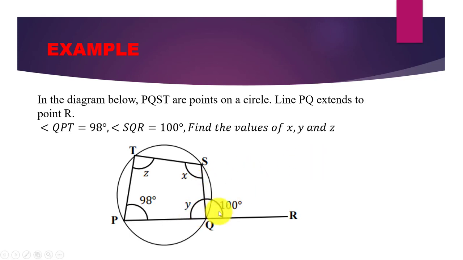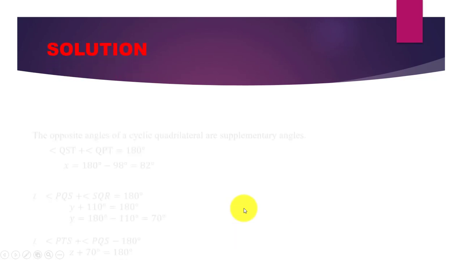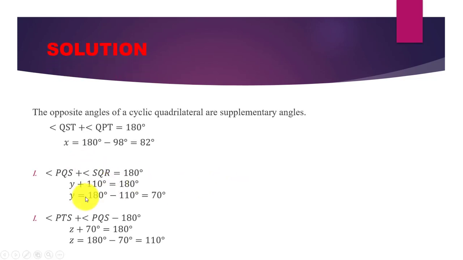So we sum angle y and 100 degrees and we equate them to 180 degrees. So my dear student, that is why we are getting this equation: y plus 100 degrees is equal to 180 degrees.